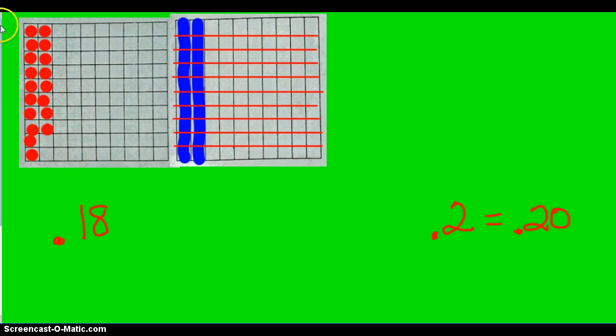All right, let's take a look at one more, and you try this one for your practice. Compare the following two fractions. Compare 36 hundredths to 4/10.